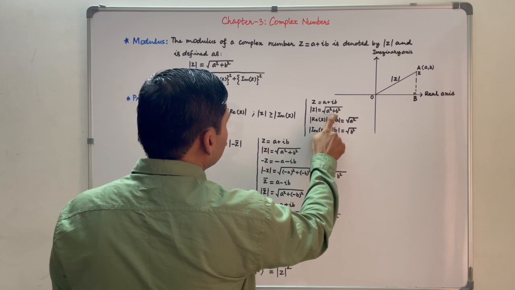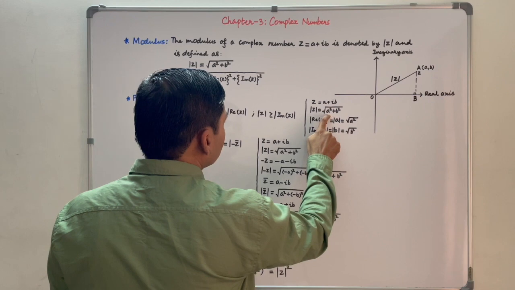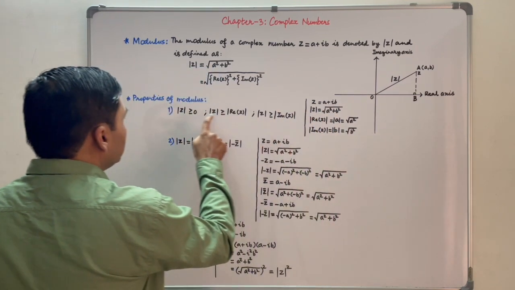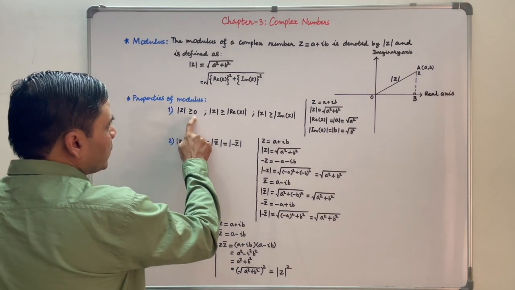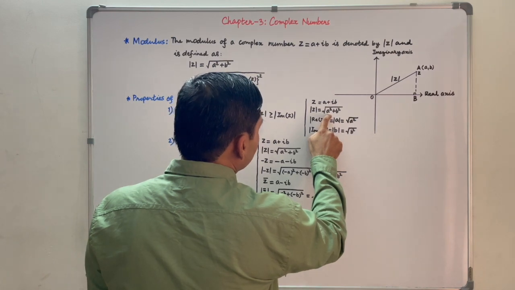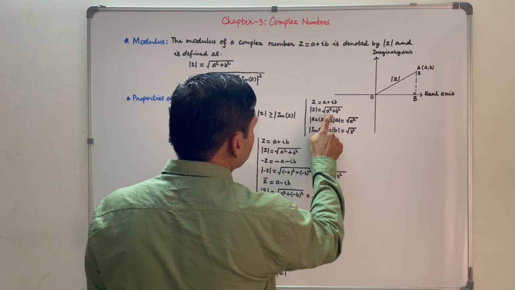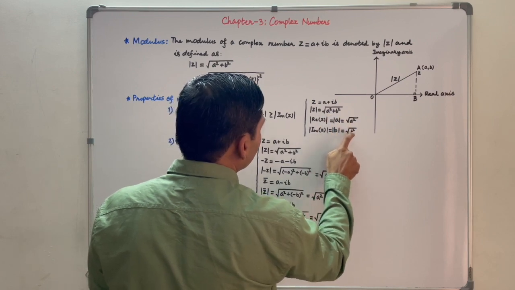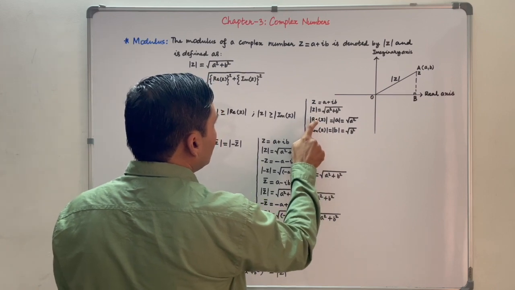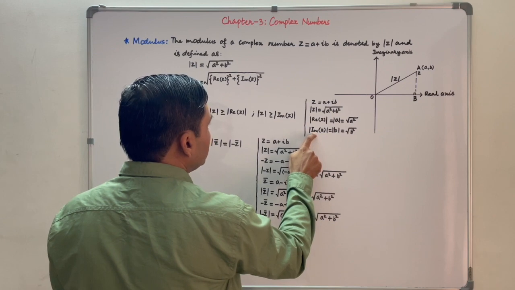We know that a and b both are real, so their square will be positive. So a square plus b square will also be positive. So we can say that mod z is greater than or equal to 0. From here, it is clear that under root a square plus b square is greater than or equal to under root a square, and under root a square plus b square is greater than or equal to under root b square. So we can say that mod z is greater than or equal to mod of real z, and mod z is greater than or equal to mod of imaginary z.